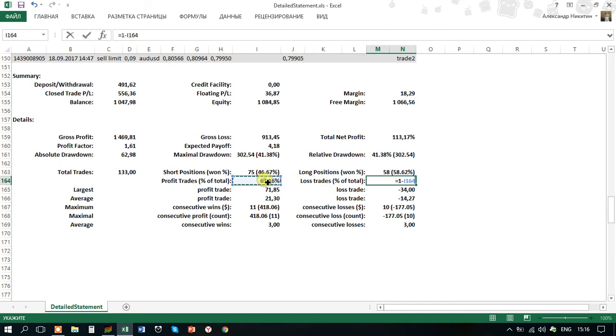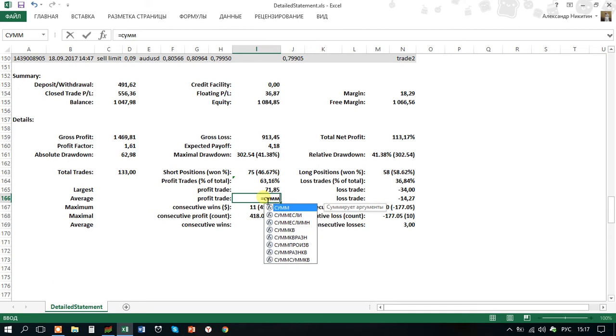You can relax. So this is the number of losing trades. If you are interested, we'll do some calculations of average winner and average loss. It's not exactly the one that you have here. This should look this way. Sum if.